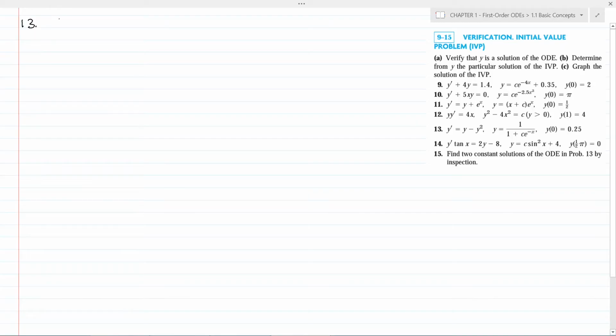Problem 13. The differential equation given is y dash equal to y minus y square, and the general solution given is y equal to 1 divided by 1 plus c e to the power minus x.